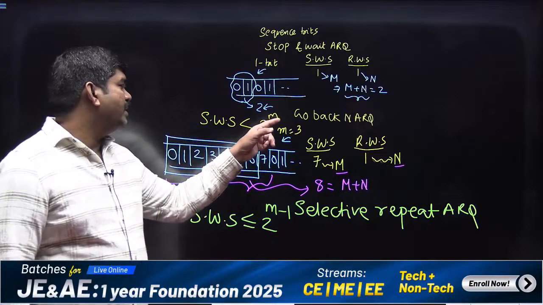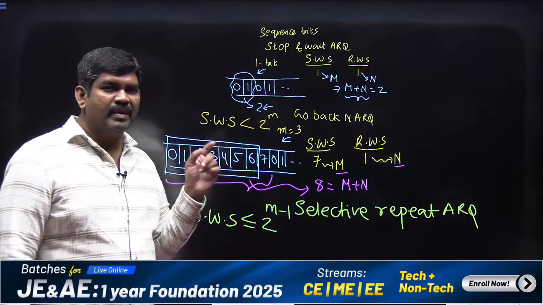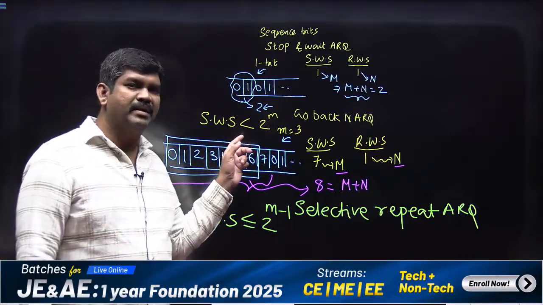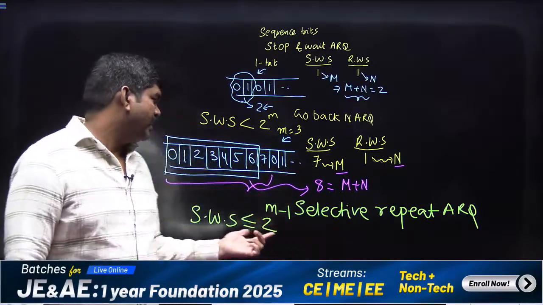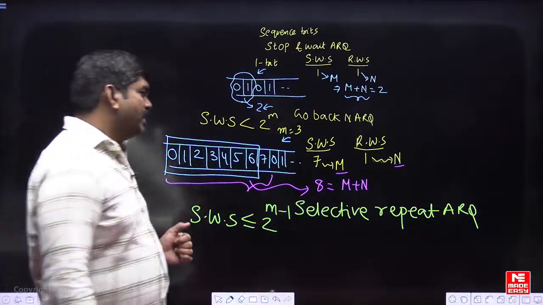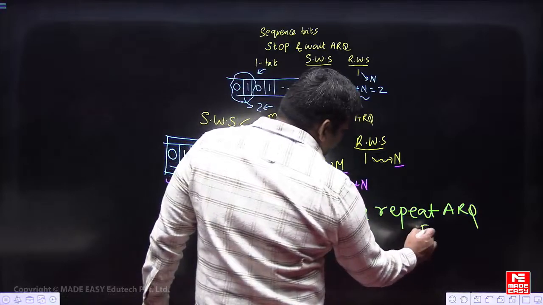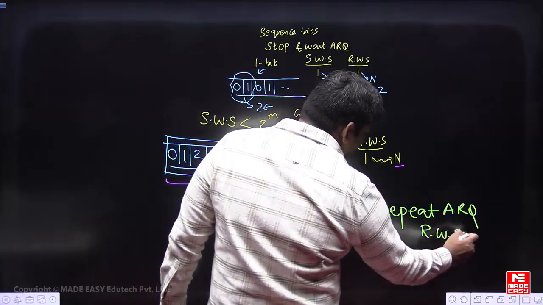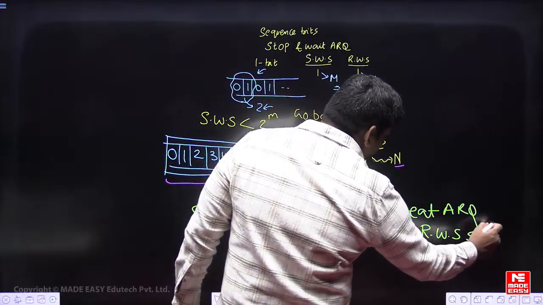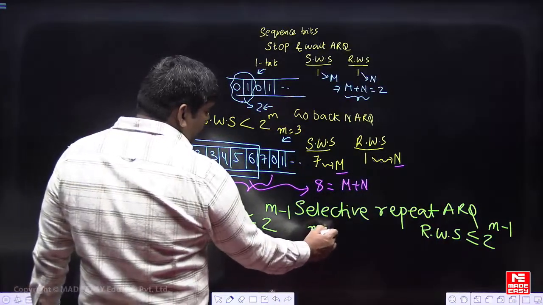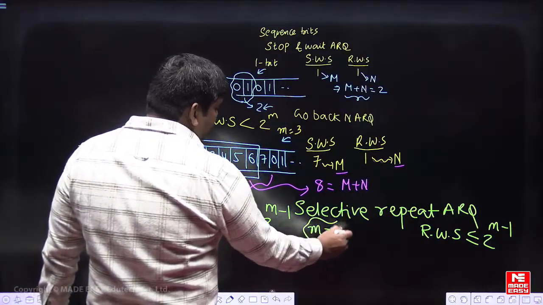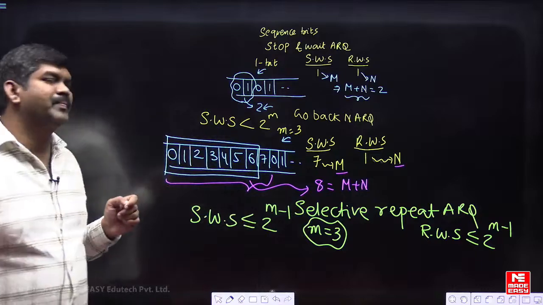Just like in Go-Back-N ARQ, the protocol will be successful only below 2 power m, otherwise the protocol is going to fail. Same here. In Selective Repeat ARQ, the receiver window size will also be less than or equal to 2 power m minus 1.